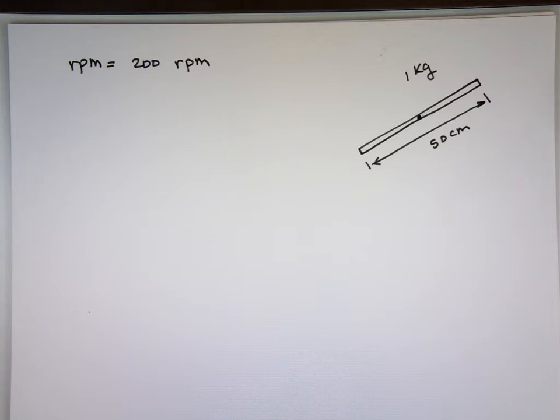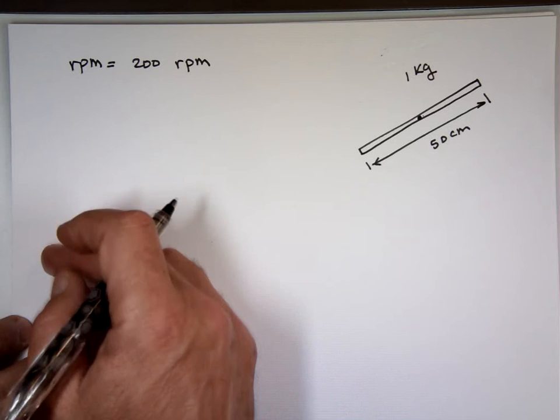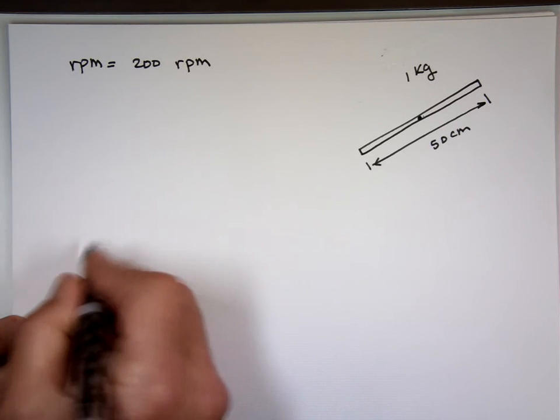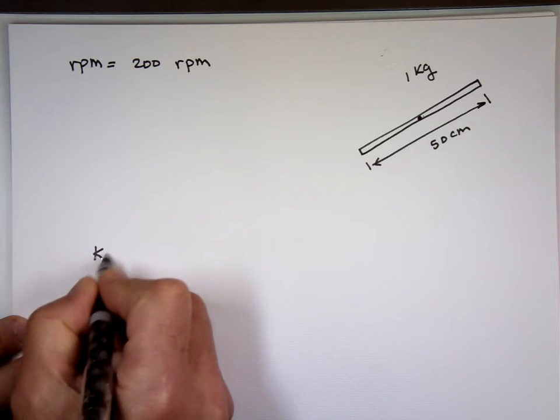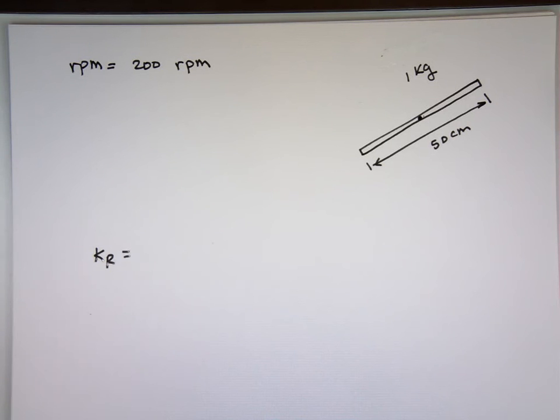How much rotational kinetic energy does that rod have in it? Well, first I need to know what W is. Remember, I'm leaving a space on top of the paper for a reason. The kinetic energy due to rotation. The lawnmower is sitting on the ground, spinning. The blade is spinning.